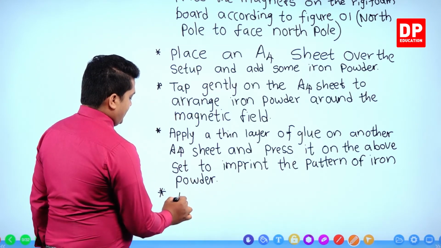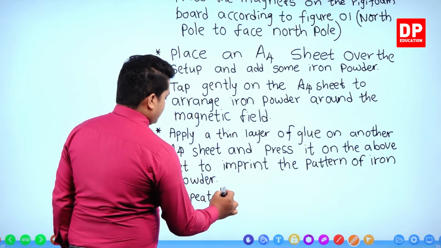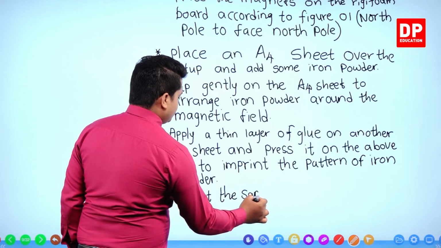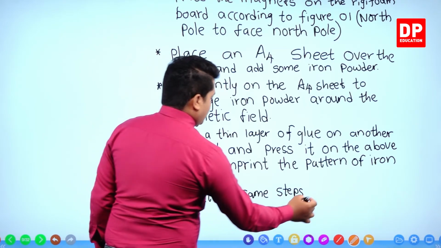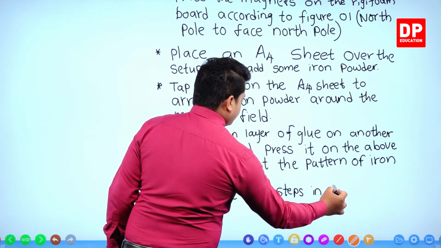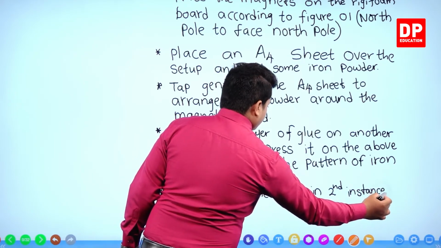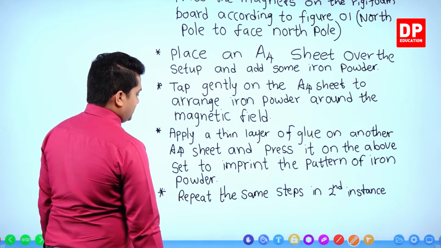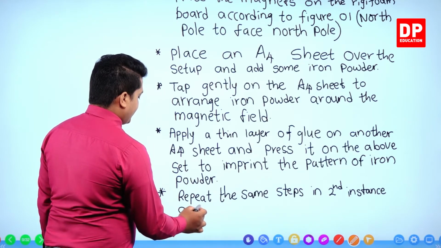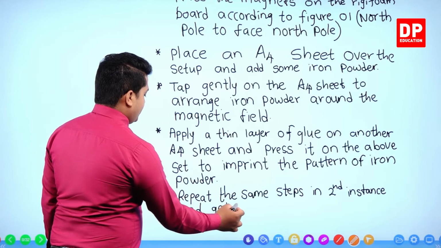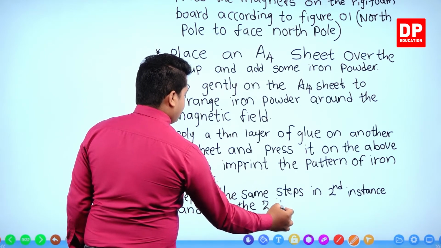So repeat the same steps in the second instance and get two imprints.